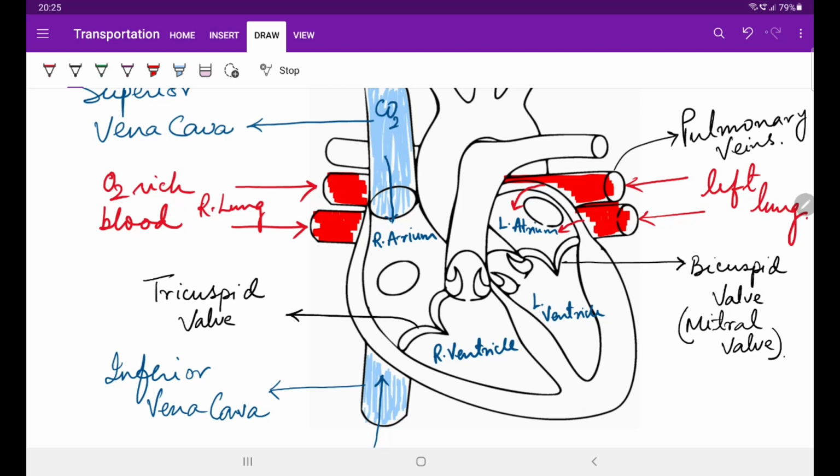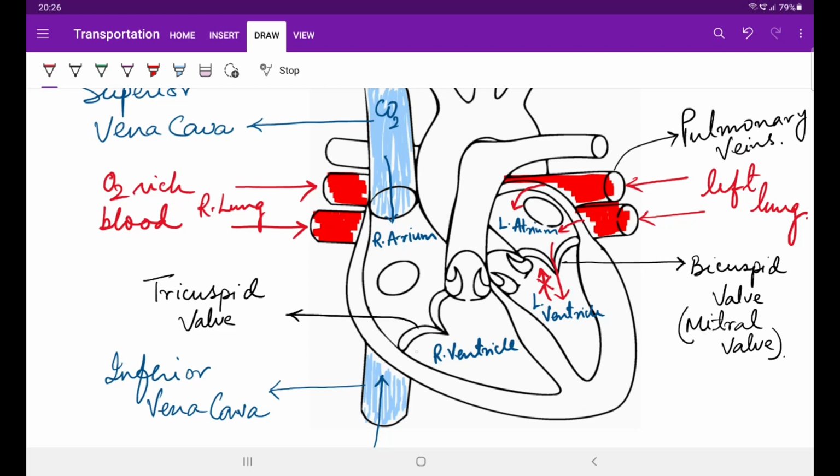The major function of these valves is to allow the blood to go from the atrium into the ventricles, but not to allow the backflow of the blood. So, if the blood wants to go back into the atrium, this will not happen. It is a very important function, not to allow any amount of blood to go back into the atrium from the ventricles.